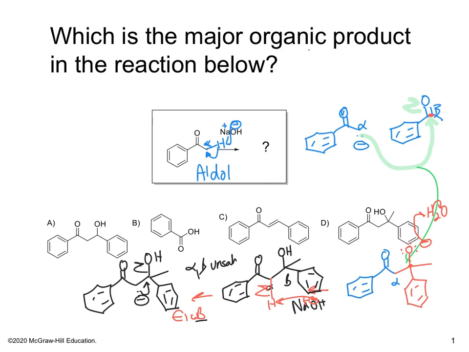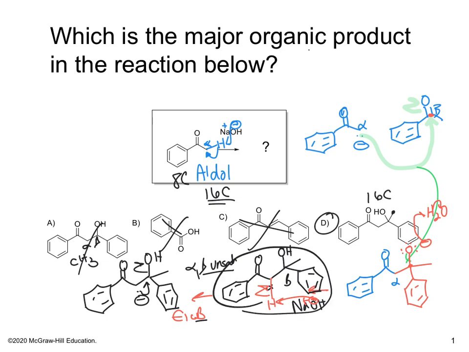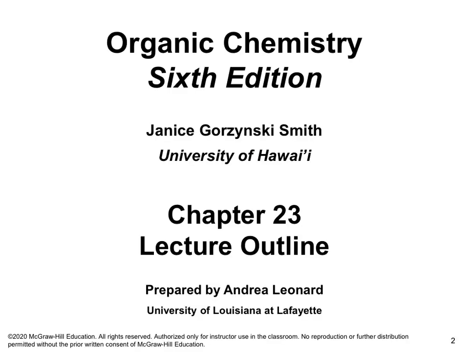Now, the thing is here though, you can count your carbons, so that's 6, 7, 8 carbons, so there's going to be 16 carbons total, and you can see that this one, here's your alpha beta, but you're missing a methyl group. This is not right. This one's also the alpha beta unsaturated, but it's missing the methyl group. This one has the methyl group, so if you count that, that's 16 carbons. So in this product, we have stopped at the beta hydroxycarbonyl.